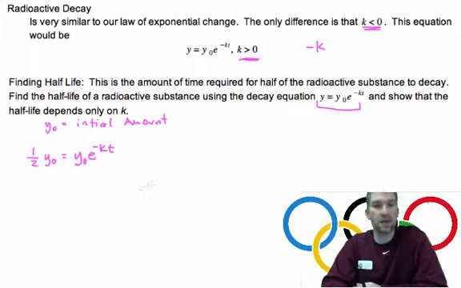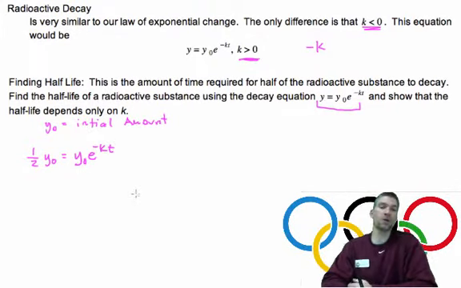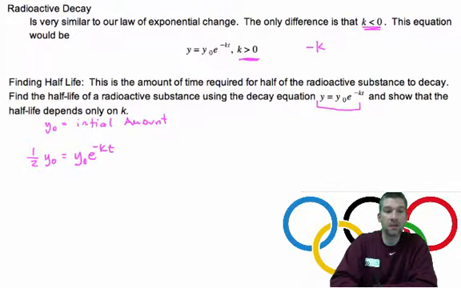That's the setup on this. And so if I'm going to try and solve this, if you'll notice right off the bat, I can divide both sides by y0. Divide this by y0. Divide this by y0. Okay? And when I do that, what I end up with is 1/2 equals e to the negative kt.